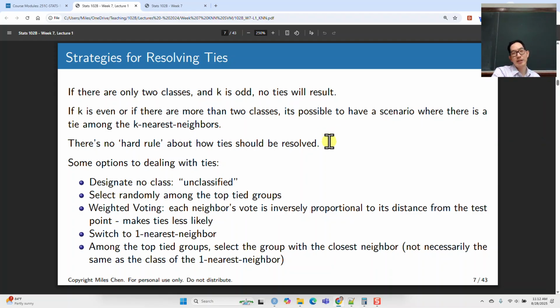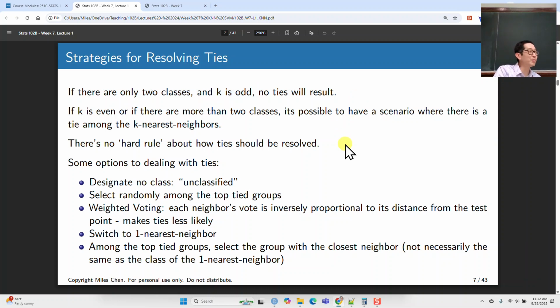Sometimes you can end up with a tie. When you take your k nearest neighbors and they all vote, occasionally you end up with a tie. You can avoid this if you have only two classes: you just make sure k is an odd number, and that avoids ties.